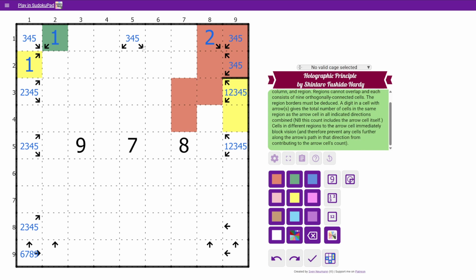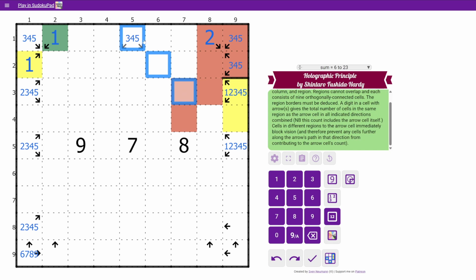Okay, and the next thing was that this, we can see that it cannot be part of red, first off, because it would have to get all of them, and that's way more than 9. And then the second thing is, can it be part of that? If they were the same, you could see that all of those cells would be 5, 6, 7, 8, 9.